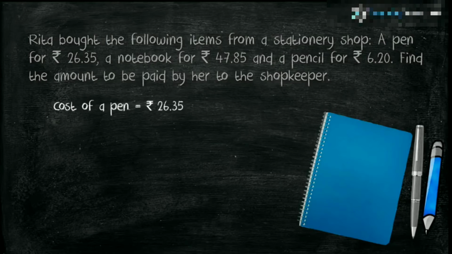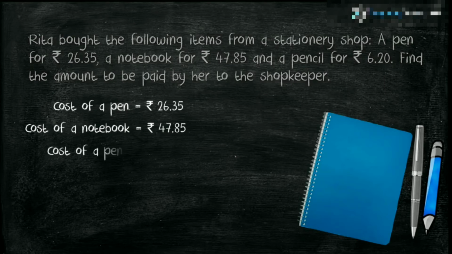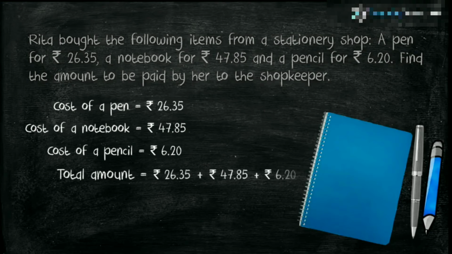Cost of a pen equals rupees 26.35. Cost of a notebook equals rupees 47.85 and cost of a pencil equals rupees 6.20. Now, to find the total amount paid by Rita to the shopkeeper, we will add all these three values.